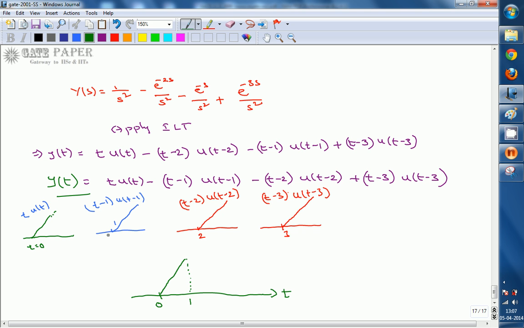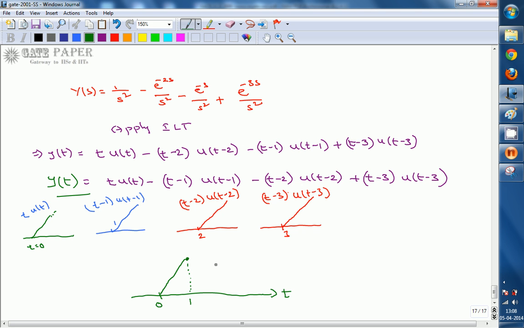At 1 we are subtracting this from this. This has the same shape and this also has the same shape. Up to 1 we don't have anything, so that is increasing. From 1 we have the same ramp signal, so both are subtracted. From 1, the amplitude becomes 0 here, so it maintains like this.